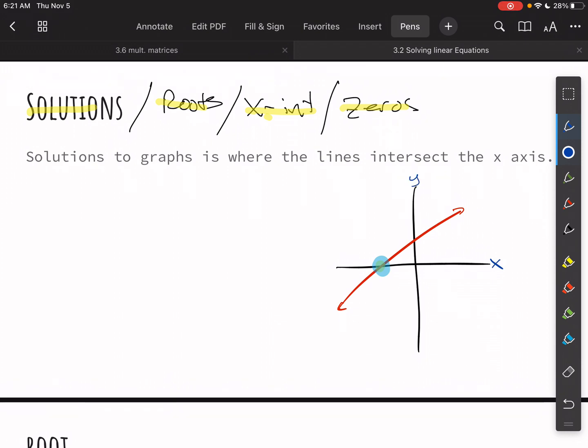Okay, the solution to a linear problem is where the graph intersects the x-axis. That is the solution. We also call it a root. We also call it an x-intercept. We also call it a zero. So don't get confused. They're all talking about the same place on the graph.